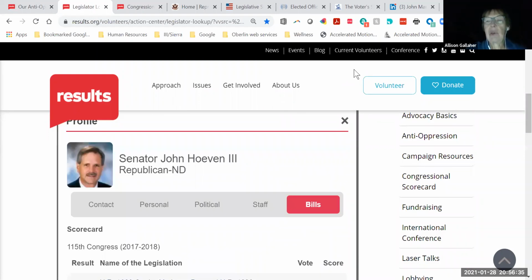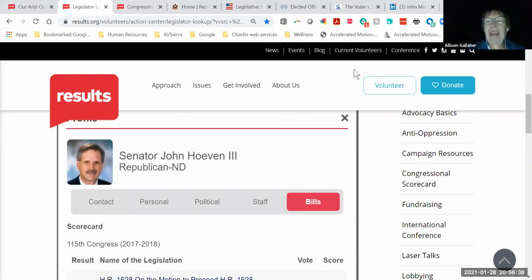This Congressional Scorecard behind Lisa's face is the Congressional Scorecard. That's a downloadable spreadsheet that was last updated yesterday. So it's kept quite up to date. It has to be updated by the staff of every Results action that can be confirmed. So anytime we ask someone to co-sponsor a bill, anytime we ask someone to sign on to a sign-on letter, if there is physical evidence that they did it, it shows up in the scorecard.